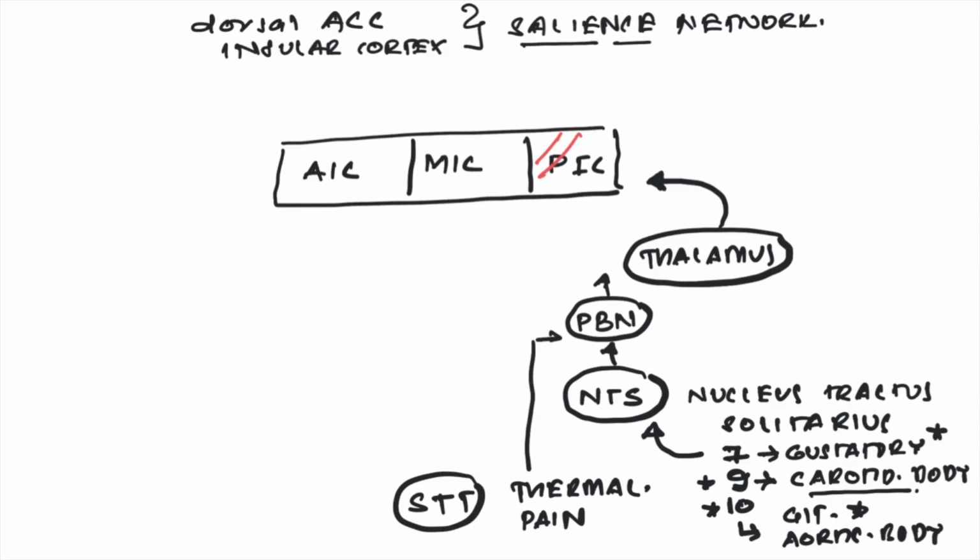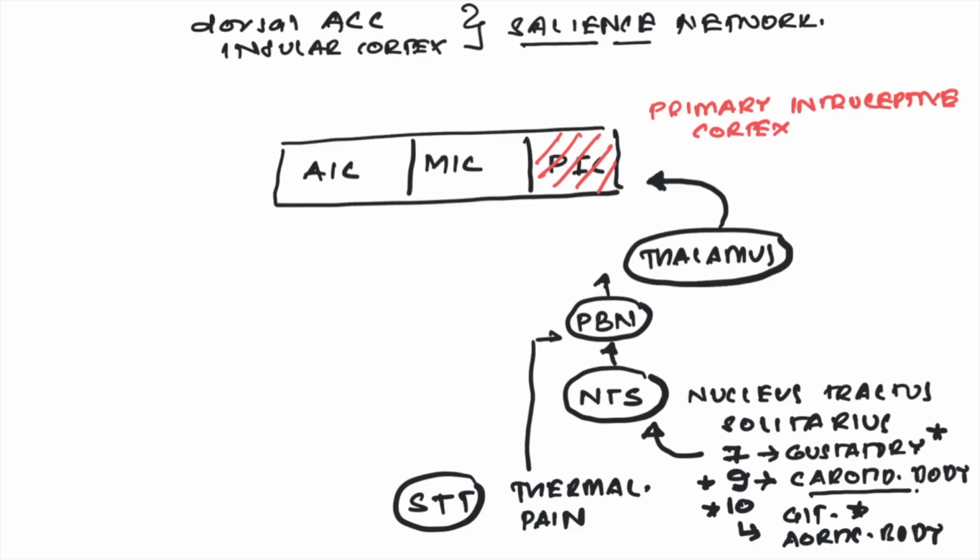That is this, right? So the posterior insular cortex is also called the primary interoceptive cortex. The function of the primary cortex is perception.